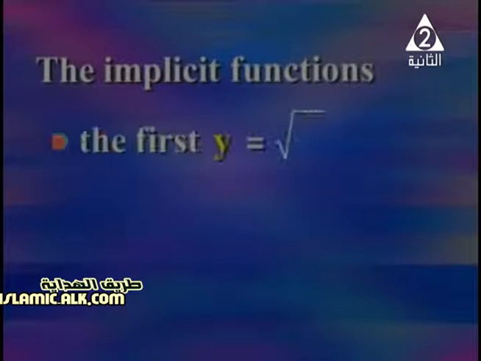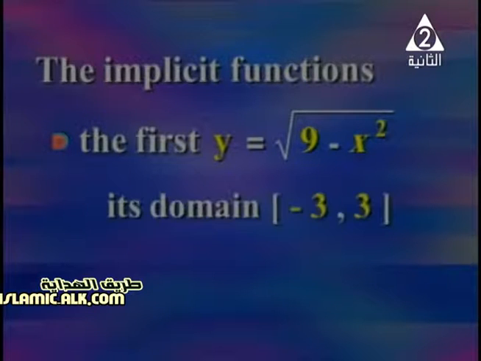The implicit function number 1 is y equals square root of 9 minus x squared. What do you mean by its domain? Domain means the values of x. In this case, x belongs to the closed interval negative 3, 3. That is its domain.